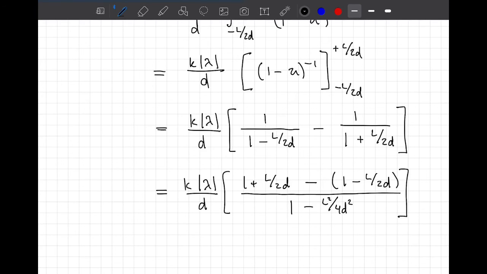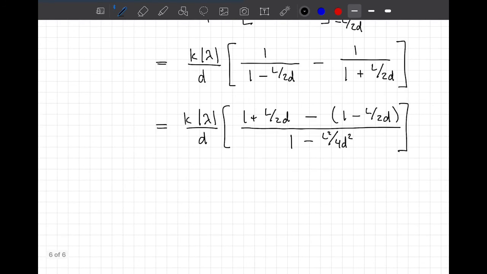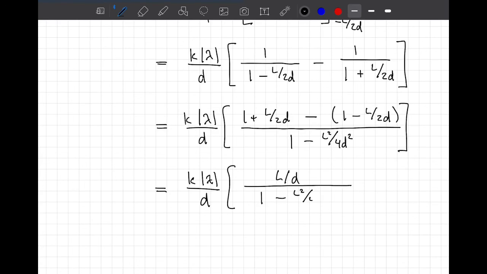The cross terms drop out because of the plus and the minus. So we get k lambda over d multiplied by 1 minus 1, and we have L over 2d minus minus L over 2d, so we just get L over d, all over 1 minus L squared over 4d squared.